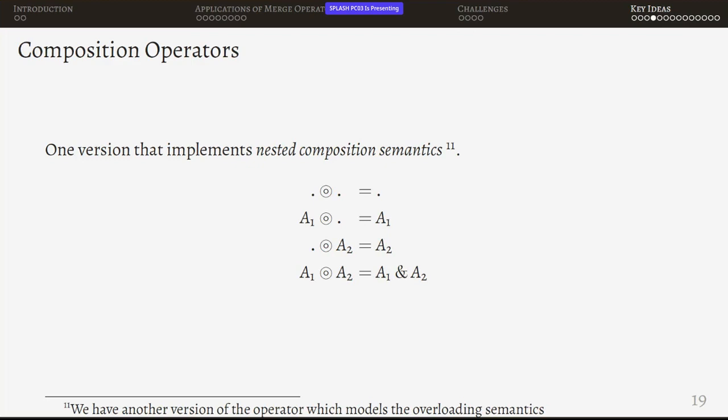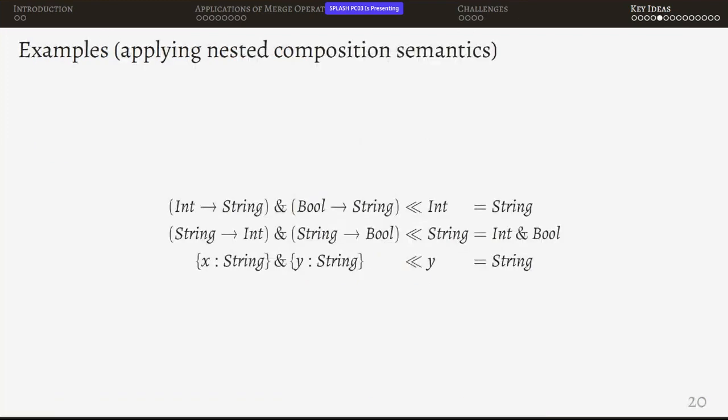If both branches succeed, we combine them using the intersection type constructor, which is A1 and A2. We can recheck our example by unfolding the composition operators: we get int to string and bool to string, we get argument integer, we get a string. And for the read function, we get a string, our inferred type would be int and bool.